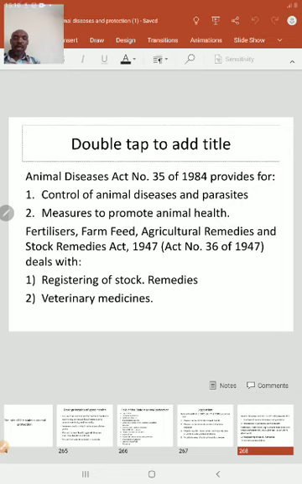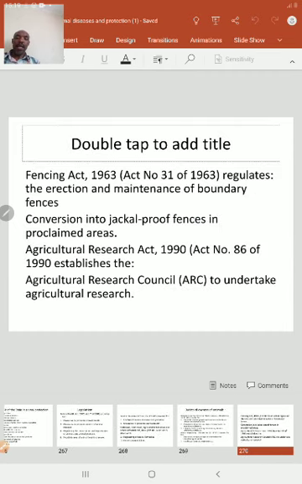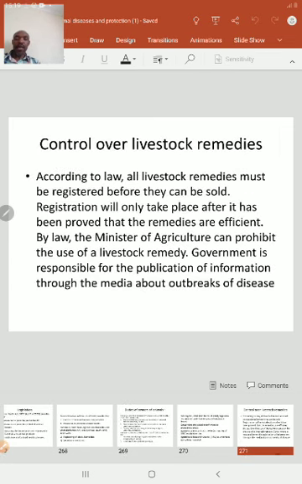Then there is the act about fertilizers, registering of stock remedies and veterinary medicines, and the duties of owners of animals as farmers. Look at the Abattoir Hygiene Act. It prescribes the handling of meat and meat products where the animals are slaughtered. Those are some of the acts.